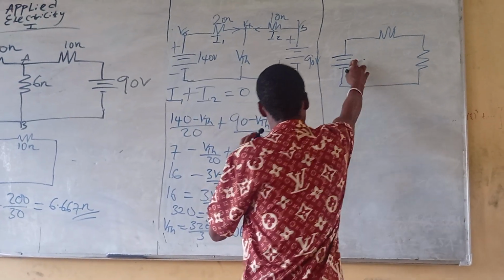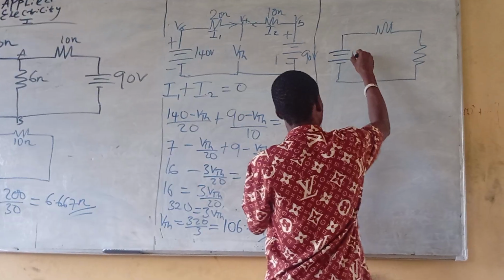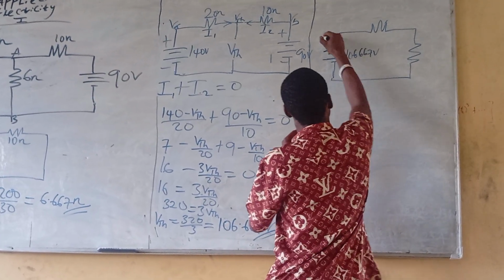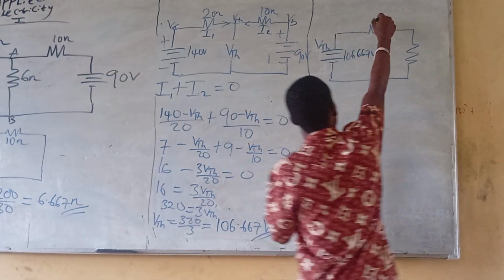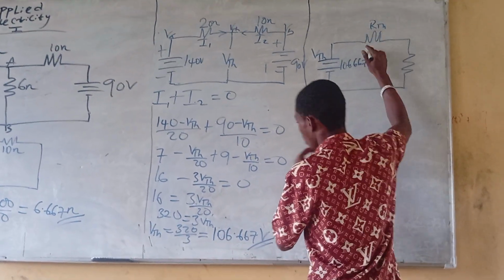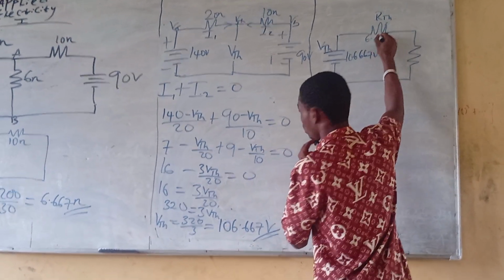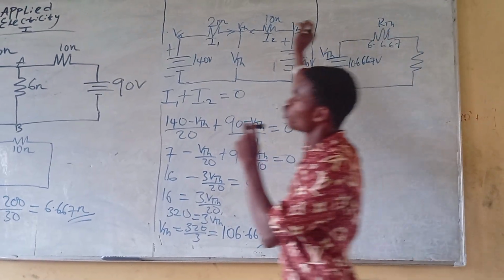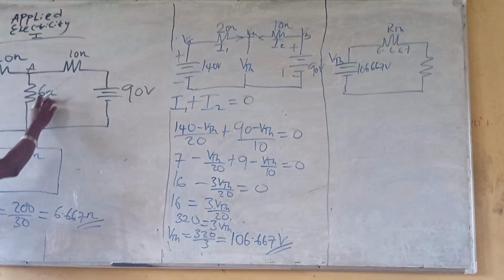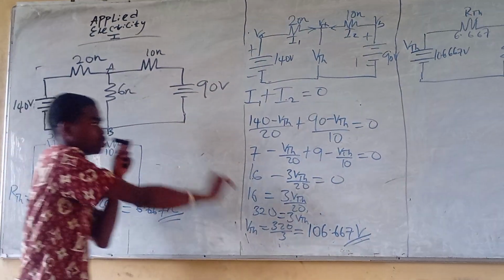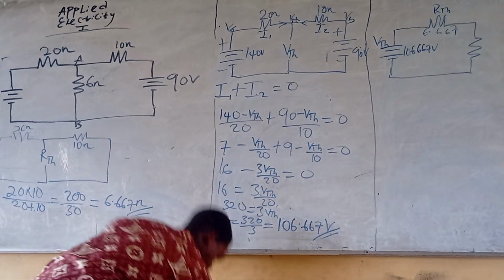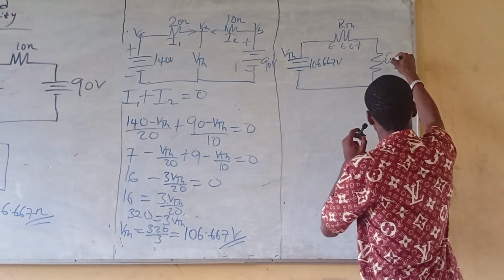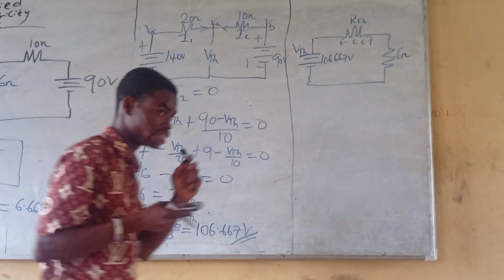Our Thevenin's voltage is 106.667 volts. This is our VTH. RTH we found to be 6.667. Recall you were asked to calculate the current in the load resistance. The load resistance is 6 ohms.